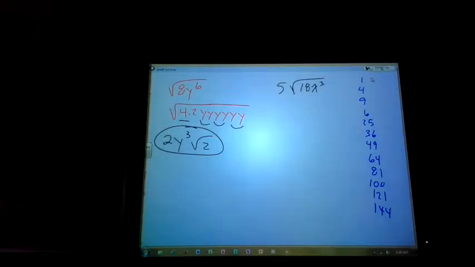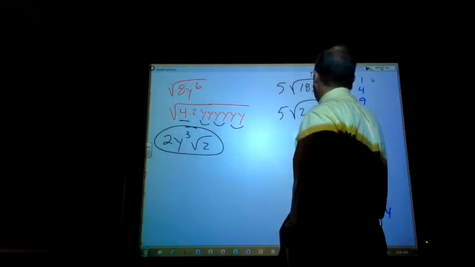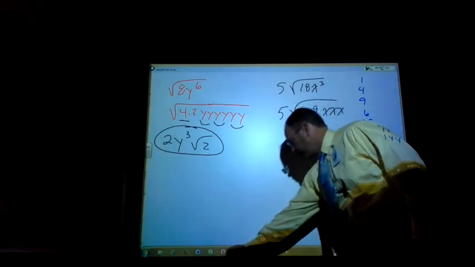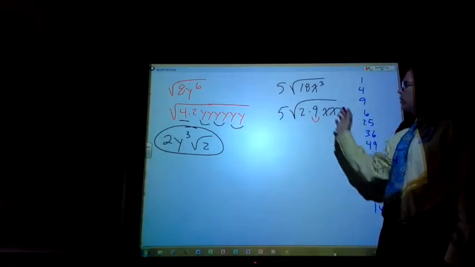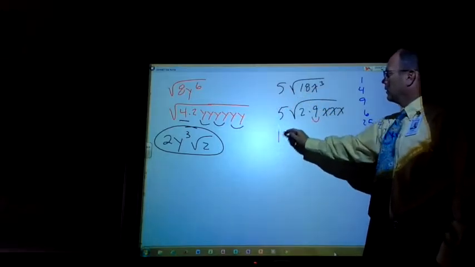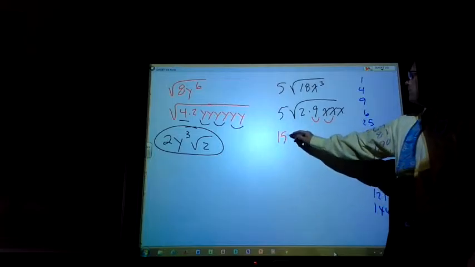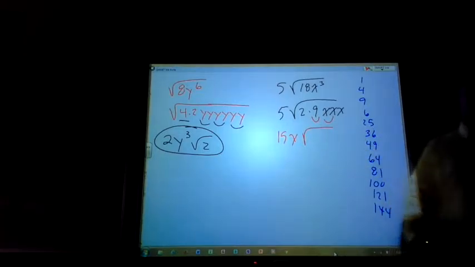Multiply? Okay. Can I break 18 down to a perfect square times another number? Yes. What does it break down to? 2 times 9. Here you go. And then 1, 2, 3. Okay. What is that? 3. So what's outside? And then, what else is outside? What's left inside? 2.